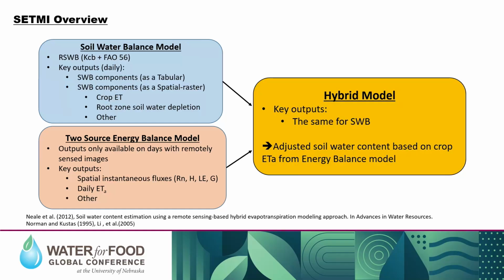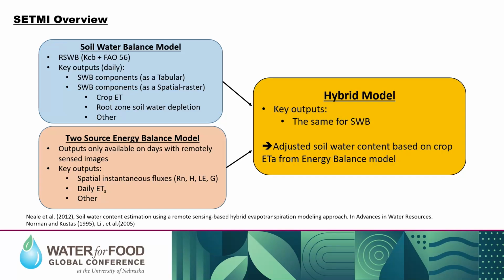For example, we can have daily crop coefficient, root zone soil water depletion, and many other outputs from the soil water balance on a daily scale, in tabular or spatial raster form. We can also run the two-source energy balance model. However, the outputs are only available on days with remotely sensed images.